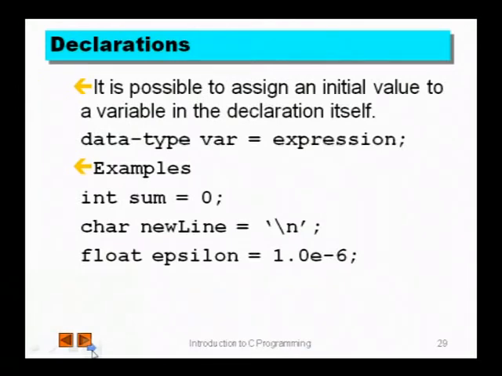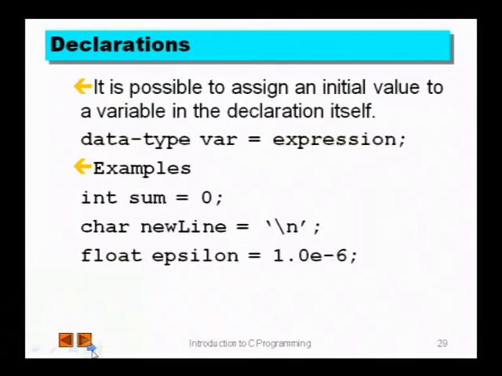It is possible to assign an initial value to a variable in the declaration itself. Example: data type variable is equal to expression. Here we have integer sum is equal to 0. So sum is a variable of type integer and the value we have assigned is 0. Character newline, that is backslash n, is a newline character, of type character, and float epsilon is 1.0 times 10 to the power of minus 6.